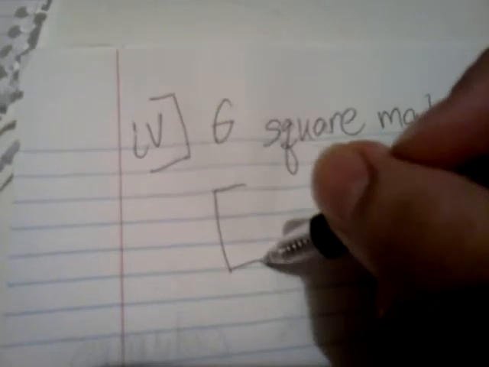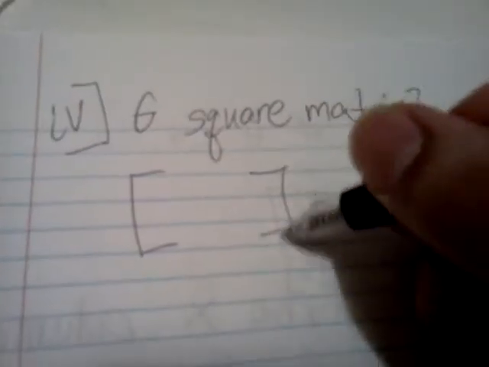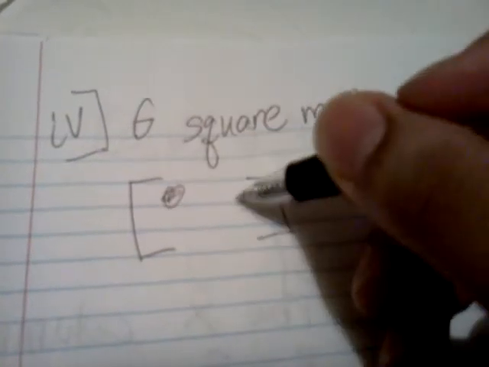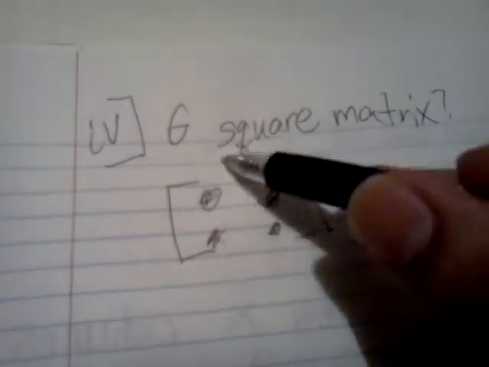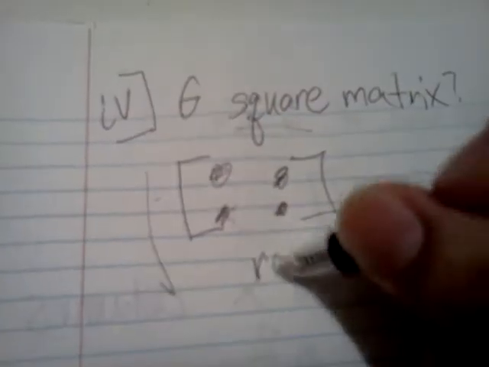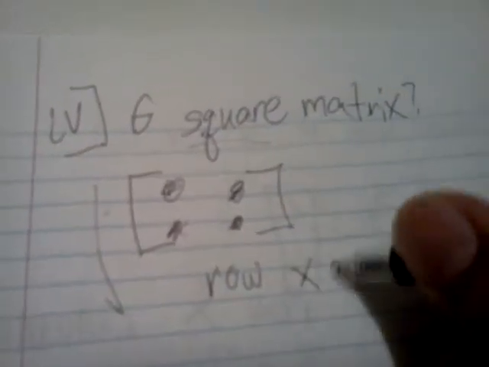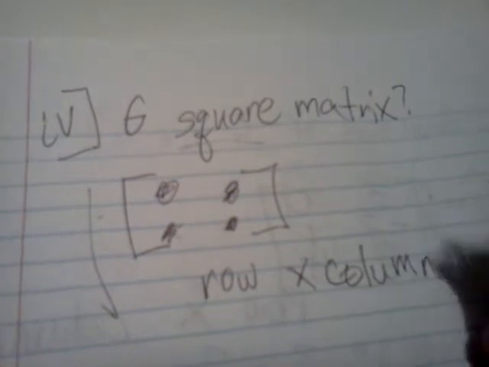Now, they ask, is G a square matrix? Alright, now to have a square matrix, let's say there's something in here, here, and here. In order to have a square matrix, the number of rows by the number of columns have to be equal.